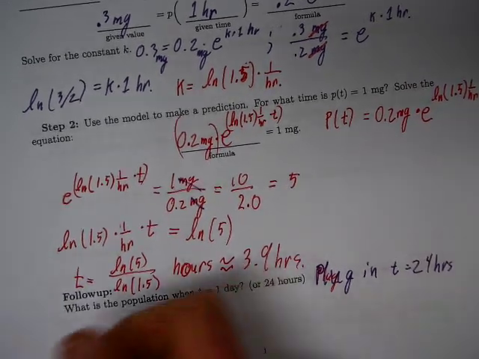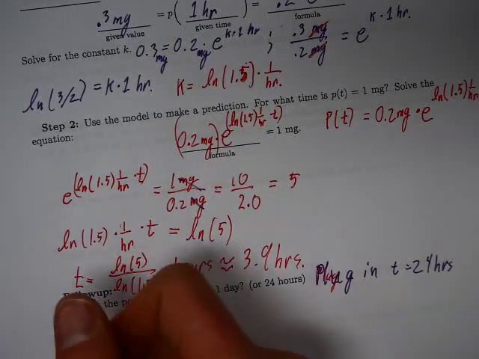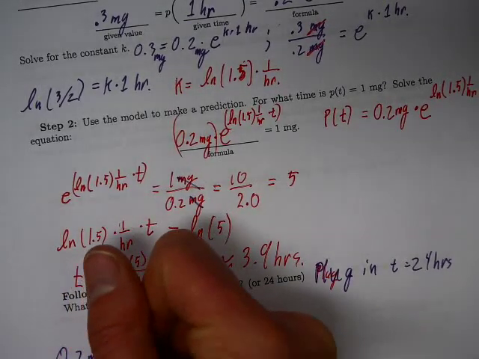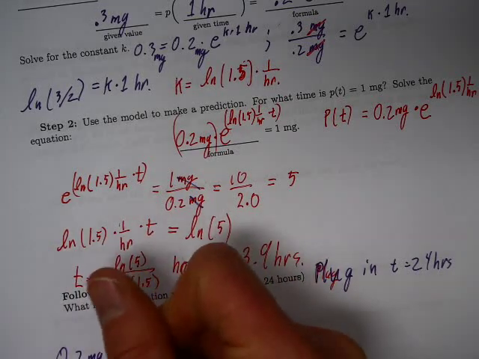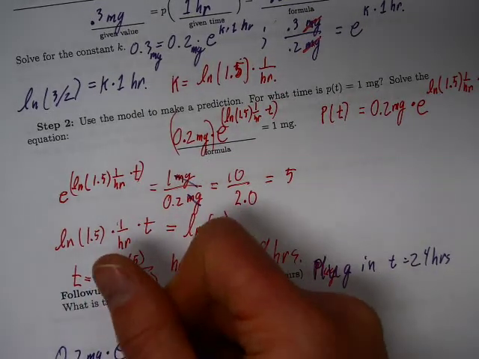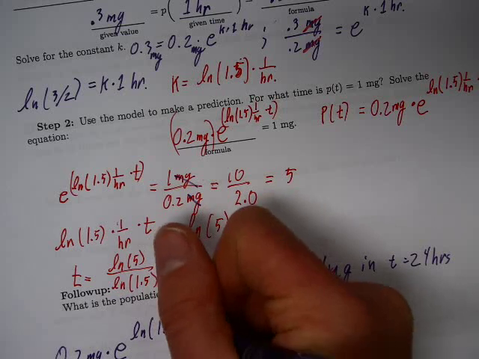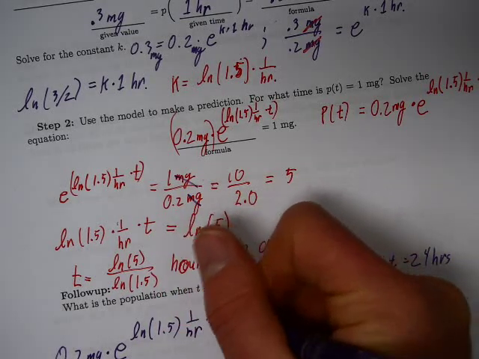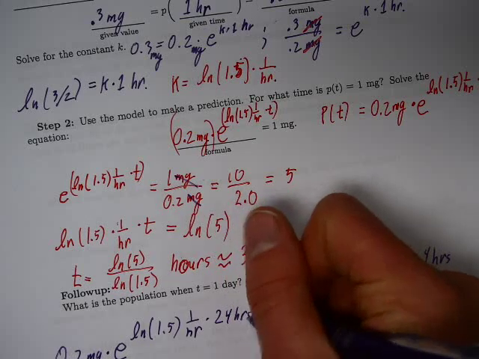And what do you get? Well, you'll get whatever it is that you'll get. You'll get 0.2 milligrams times e to the ln of 1.5 per hour times 24 hours.